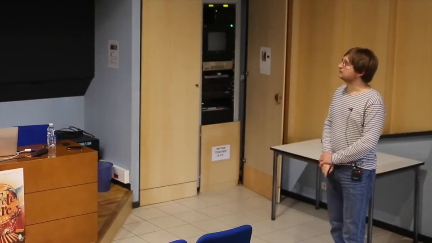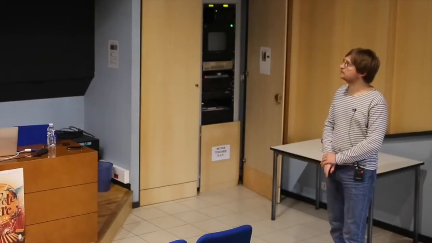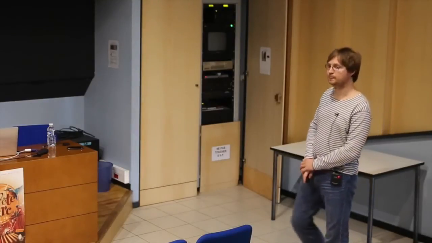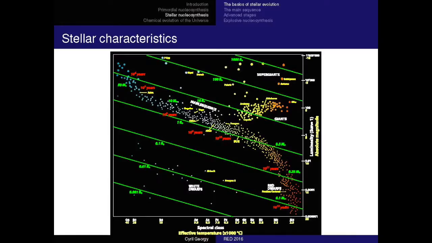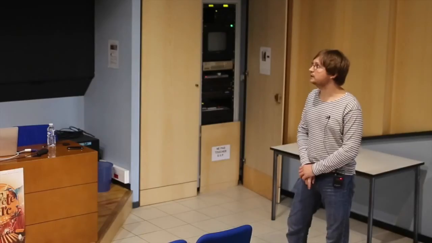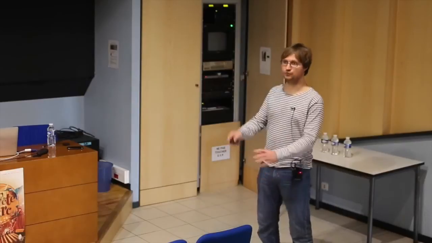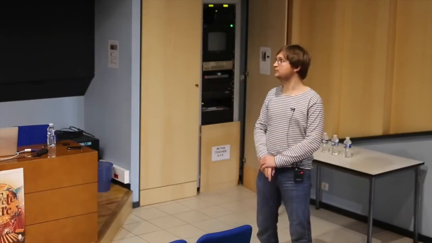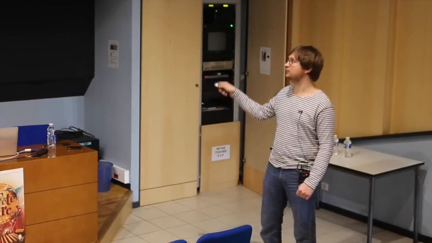So basically, this diagram tells us where the stars are, but it is not telling us how stars evolve. It's the same as when you're walking in the wood and you see the trees around you. You can try to sort them by different means. Here one means is temperature, luminosity.